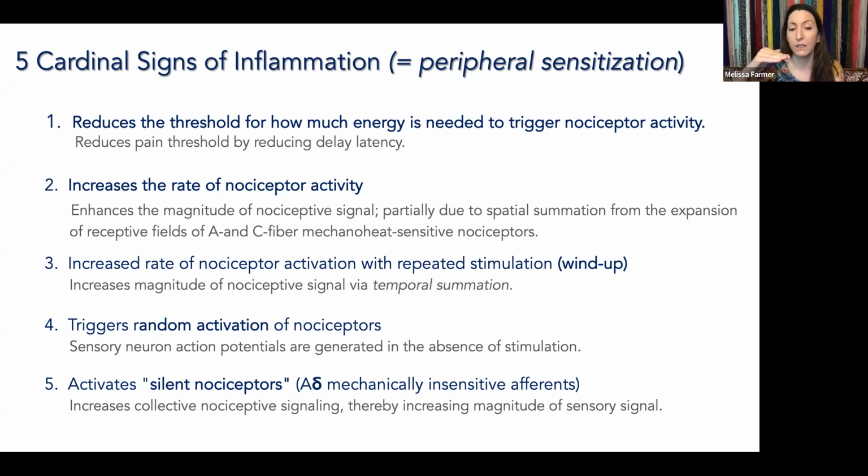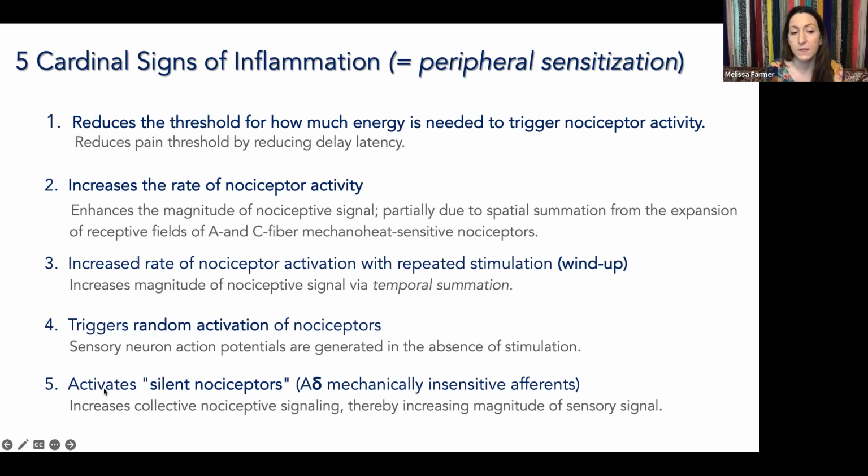What it could mean is that I'm not sure I need to get into this detail right now, but the threshold of what it takes for that nociceptor to fire has been lowered so much that just background static can trigger the firing, just natural biological static.